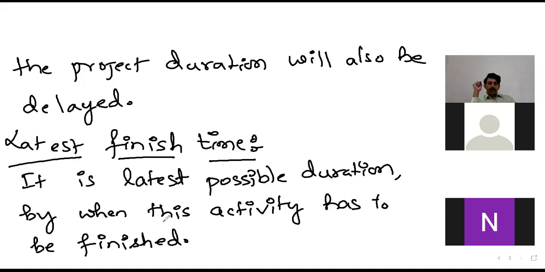The latest possible time by when this activity has to be finished. This activity means any activity for which you are calculating the latest finish duration. Okay. So early start, early finish, latest start, and latest finish.